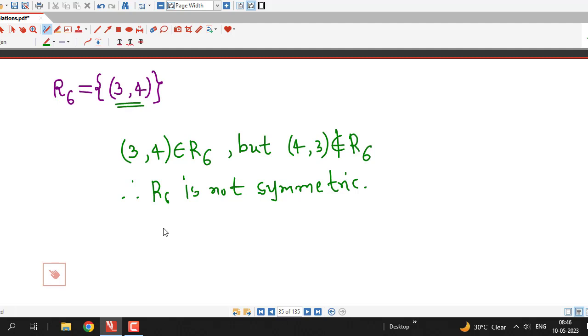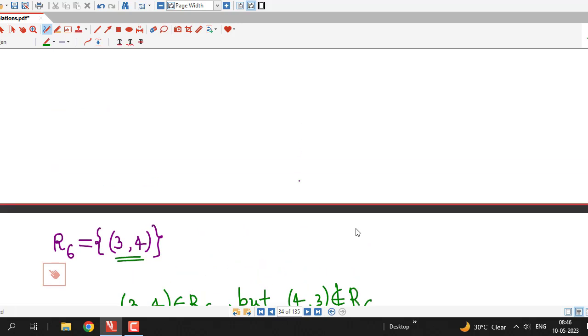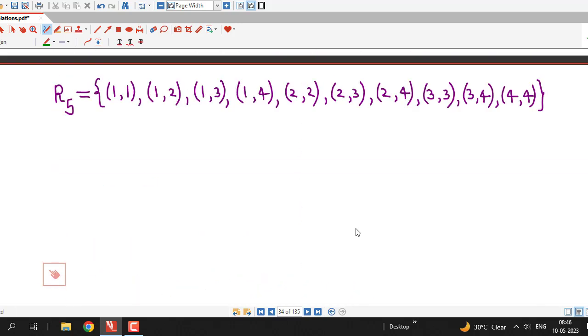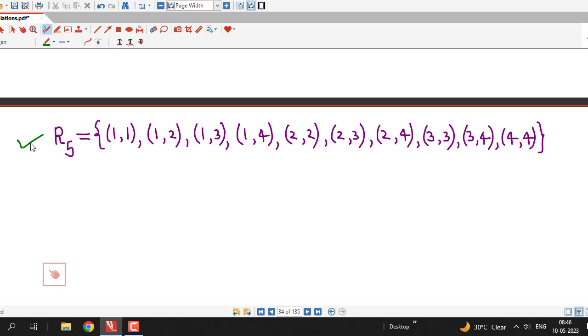And here 3 and 4 are different, and (4,3) is not present, so R6 is antisymmetric. So in this way we can decide for symmetry as well as antisymmetry. You can check relation R5 as a homework, and check whether antisymmetry or symmetry is there.